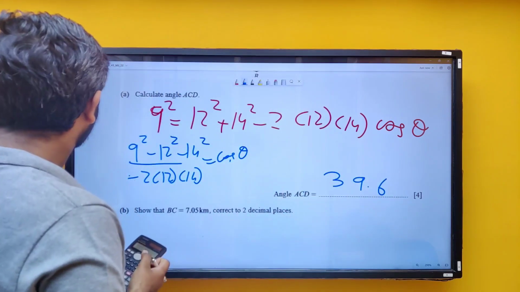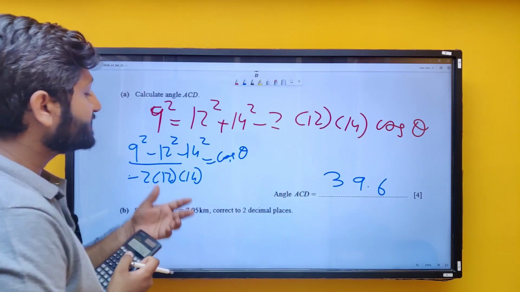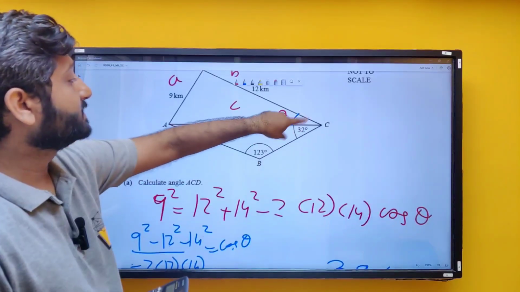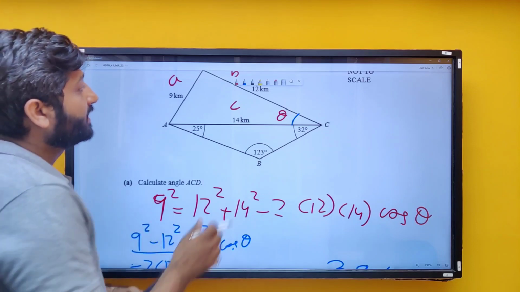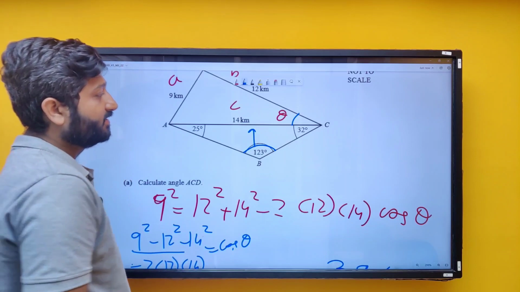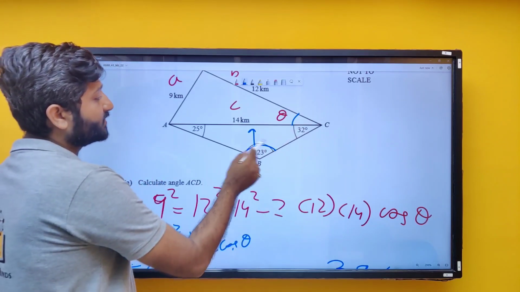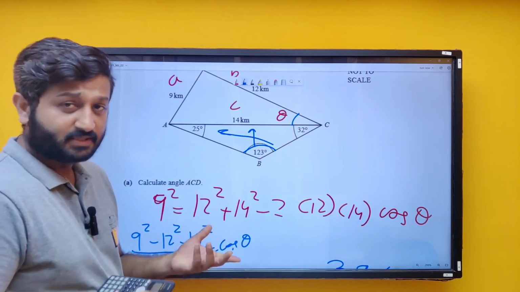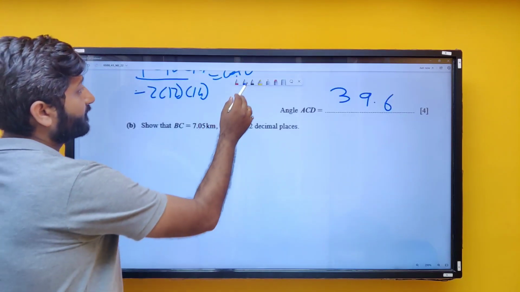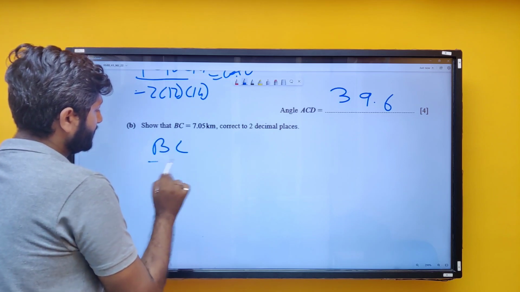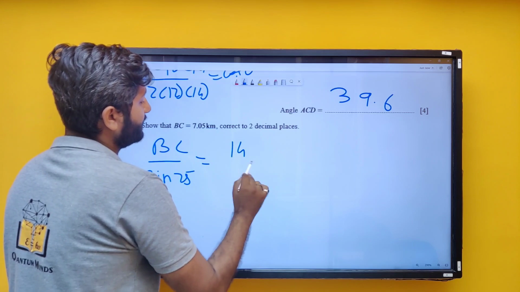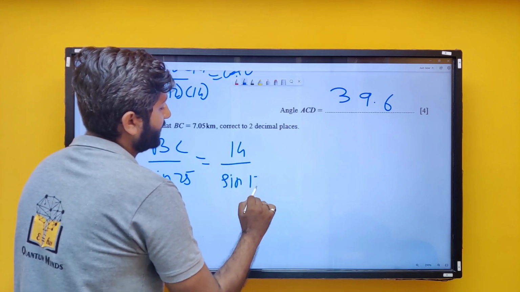Next, show that BC is 7.05 kilometers correct to 2 decimal places. BC is my length. We have this angle and the side opposite to this angle. We are supposed to find BC and we also have the angle opposite to BC, so we'll use the sine rule. BC upon sine 25 equals 14 upon sine 123.